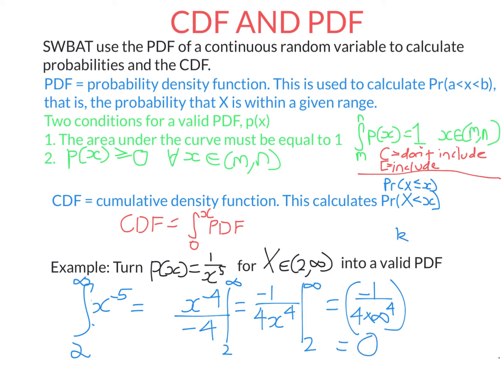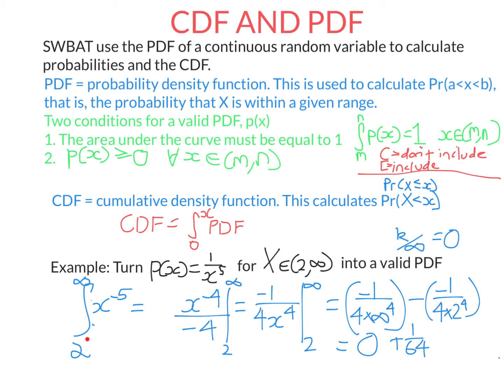So any number divided by infinity equals 0. If you take a number and divide it by a really, really large number, it gets closer and closer to 0. So now let's substitute 2 into this formula. So I get minus 1 over 4 times 2 to the power of 4. I actually end up getting 1 over 64.